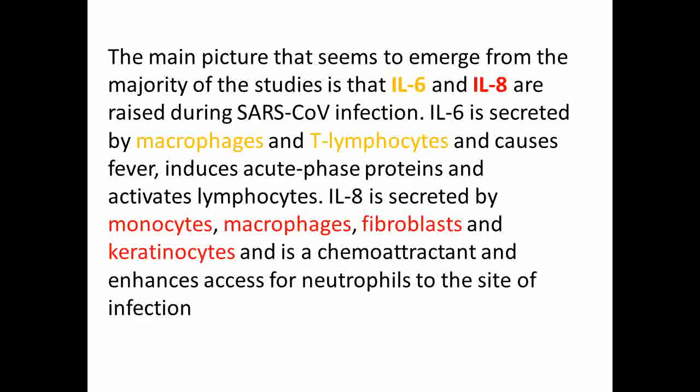The main picture that seems to emerge from the majority of the studies is that interleukin 6 and interleukin 8 arise during SARS coronavirus infection. Interleukin 6 is secreted by macrophages and T lymphocytes and causes fever, induces acute phase proteins, and activates lymphocytes.